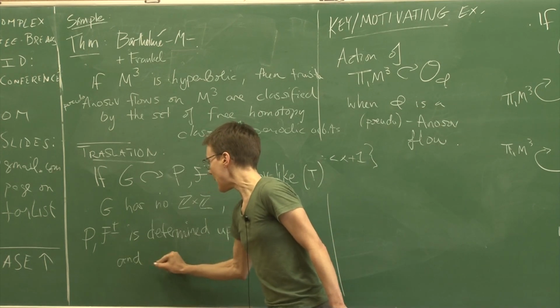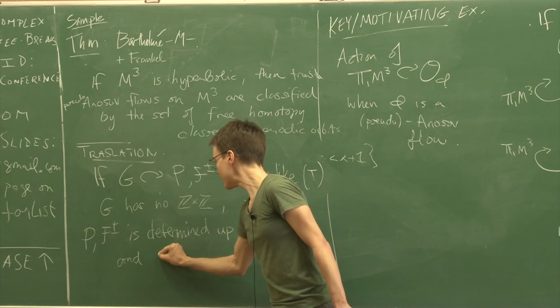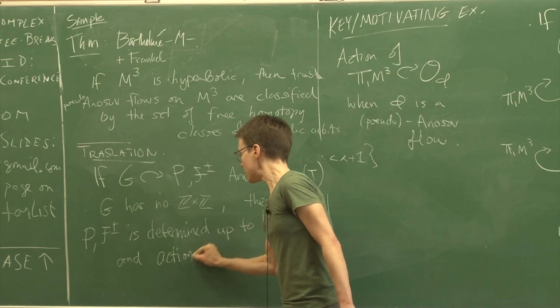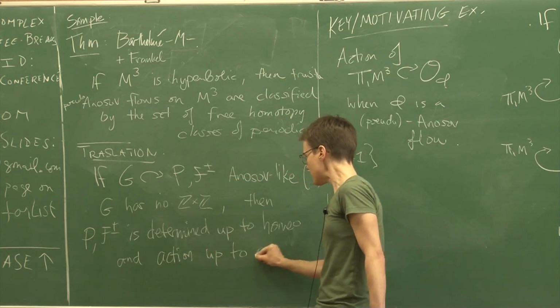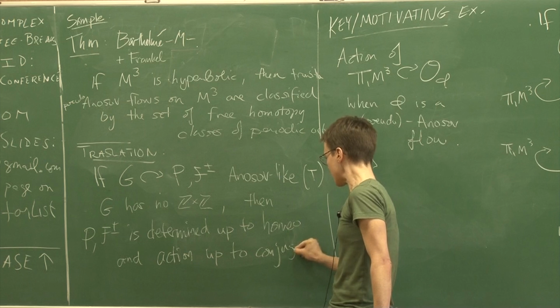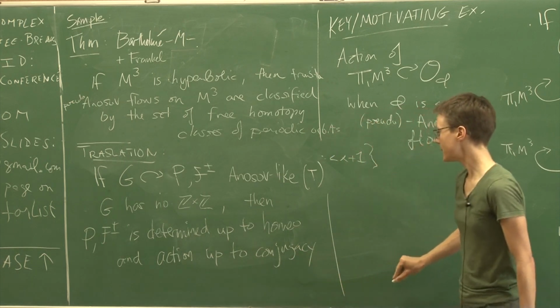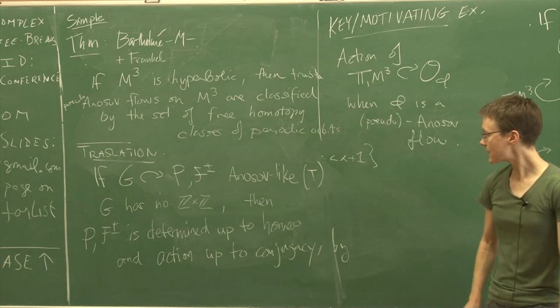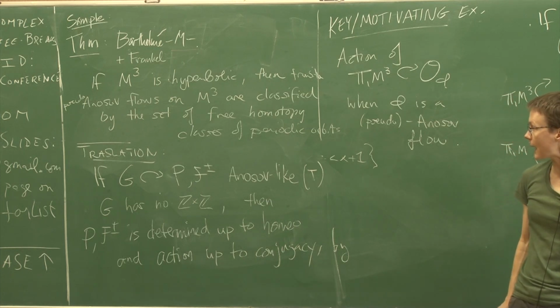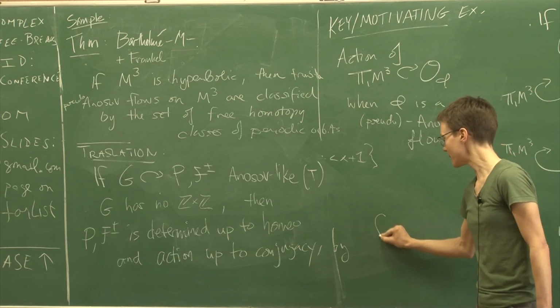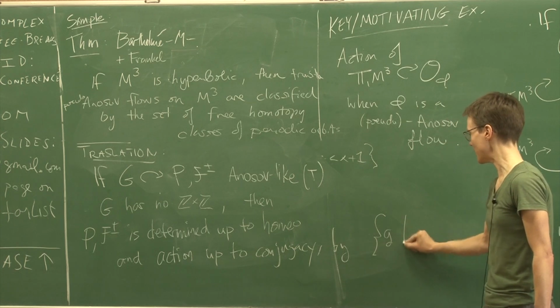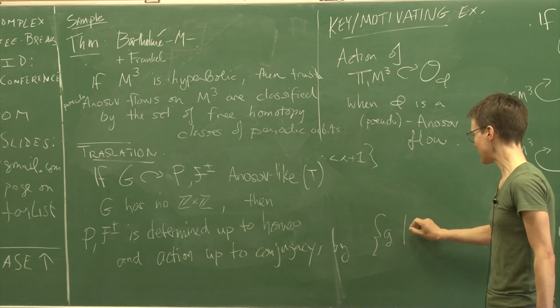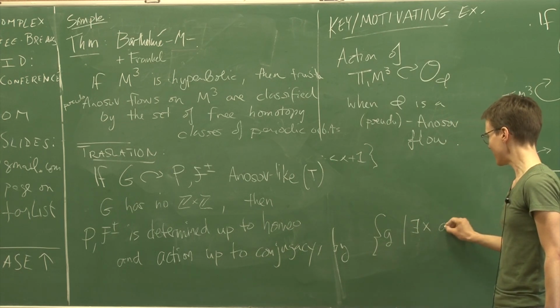And the action of G up to conjugacy, okay, by the set of elements that act with fixed points. So by this set, the set of elements of G such that there exists some point fixed by this.